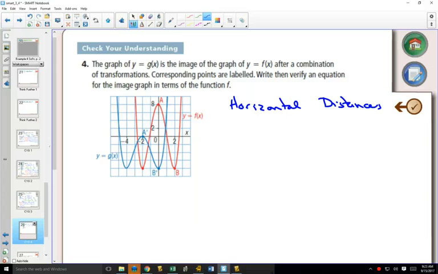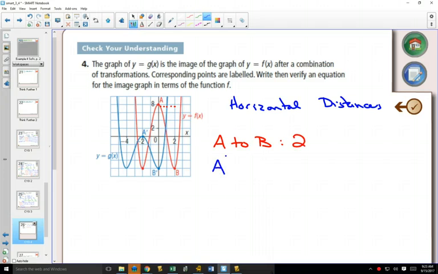So you'll need 2 points on your original graph. So on f of x, we have A and B. So we'll figure out, well, how much horizontally do we go when we go from A to B? Well, we're going to the right, so it's going to be positive, and we're going from (0, 8) to (2, negative 8). So the horizontal distance that we would travel is 2 units.